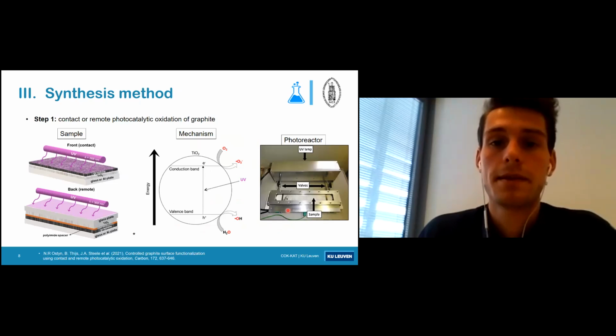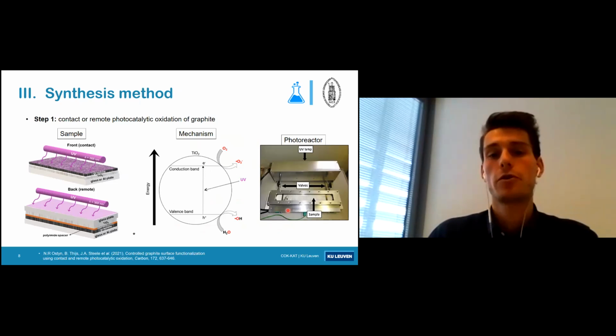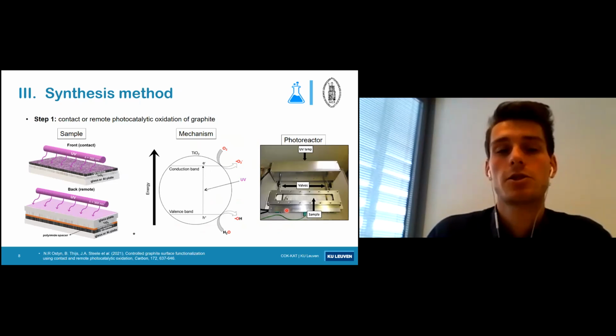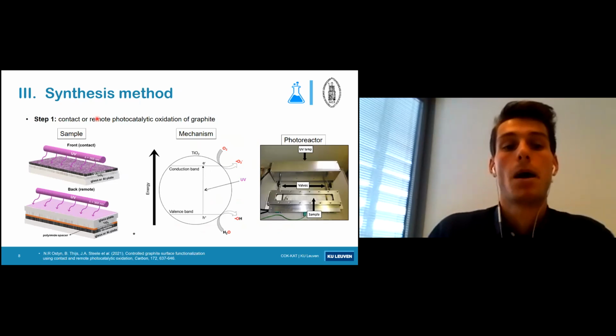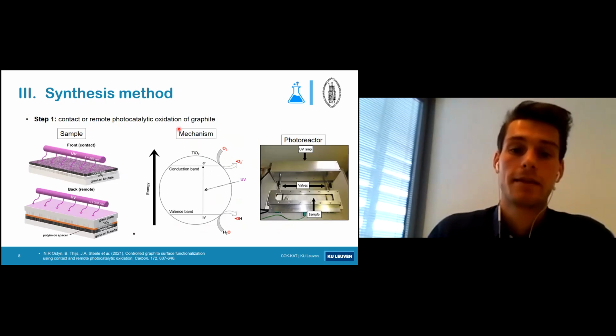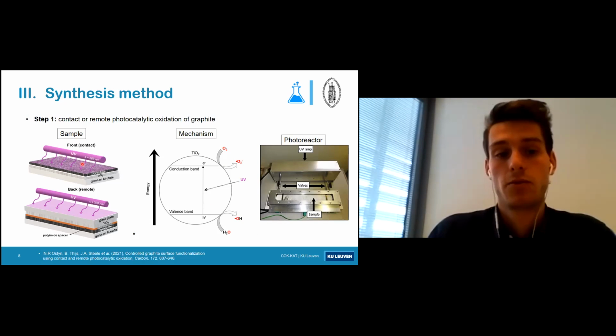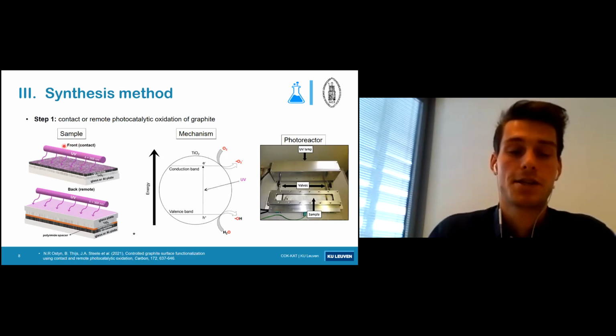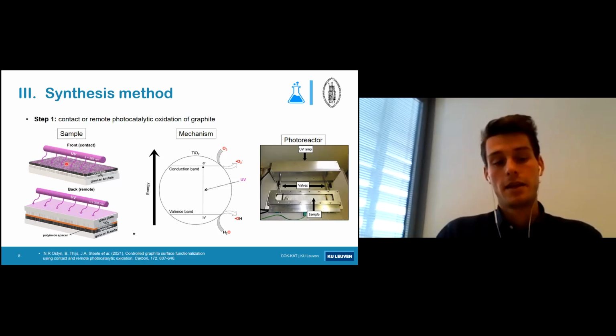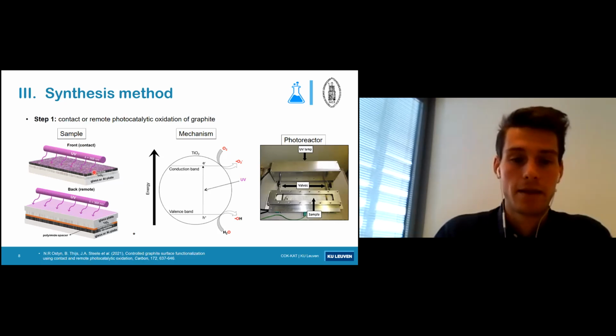So now the synthesis method. In a first step, as I said, we do the oxygen functionalization by contact or remote photocatalytic oxidation of graphites. Here you can see the sample setups we use, which are working the best. On one side, we use a front irradiation configuration, when the UV light is illuminating the graphite layer on top of the titanium dioxide layer.